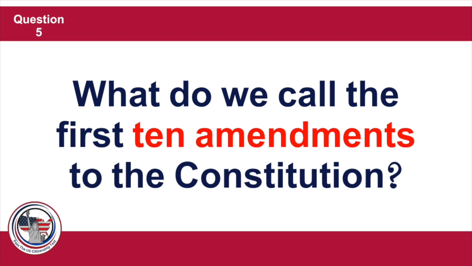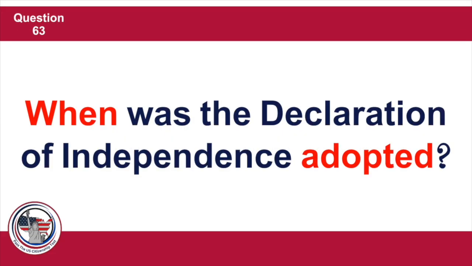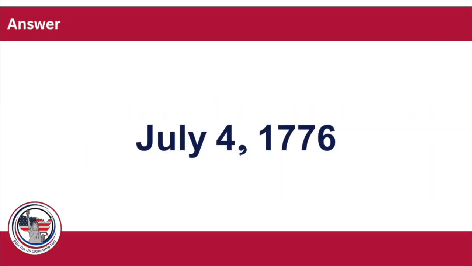What do we call the first 10 amendments to the Constitution? The Bill of Rights. When was the Declaration of Independence adopted? July 4, 1776.